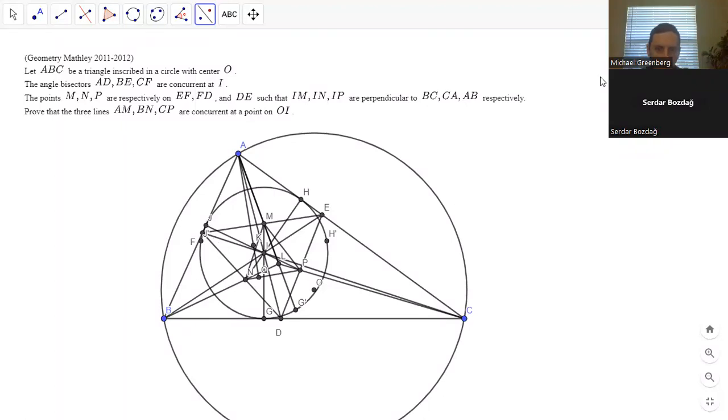Not just similar, also homothetic. So we will be done. That would solve the problem. Yeah. So yeah, that looks like it has to be the key to the problem.